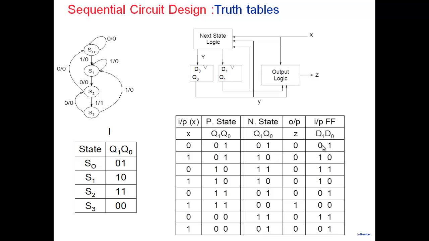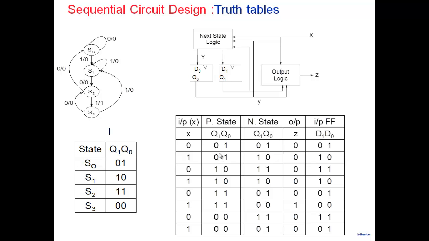Next, if the present state is 0, 1 and we get a 1, then the next state is 1, 0. From the state transition graph, we can see it goes to state S1, which is 1, 0. The output is 0, and 1, 0 implies that the flip-flop inputs are 1 and 0.